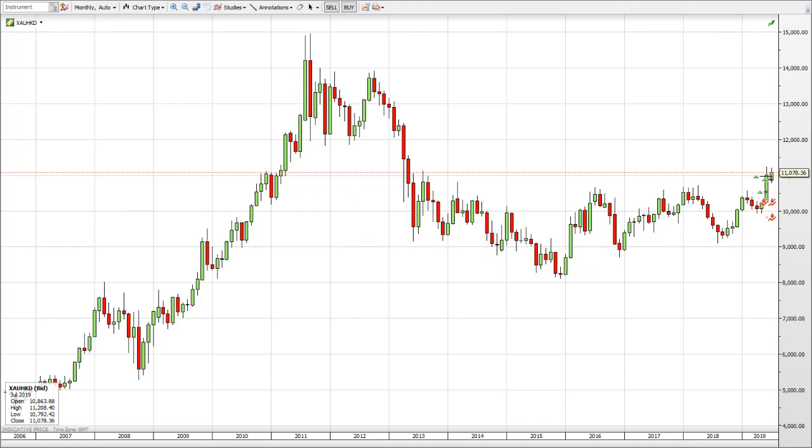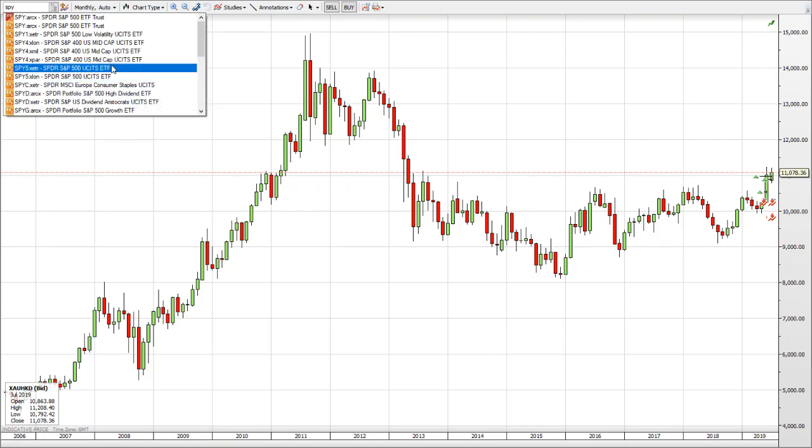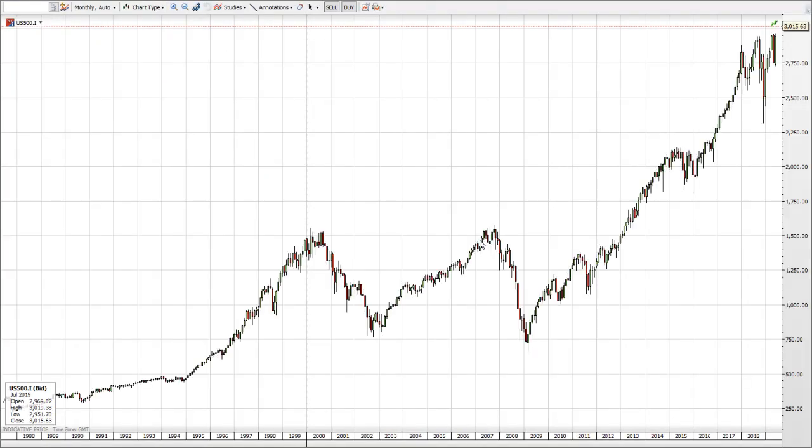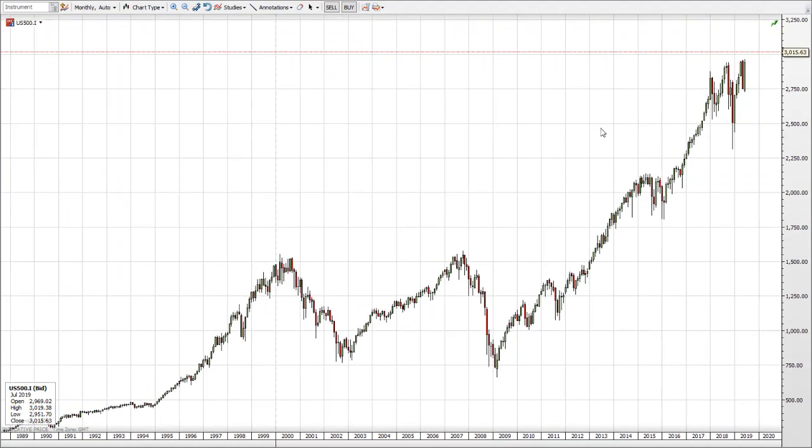That's potentially due to the fact that there is discussion about rate cuts, the Fed and whatnot, and that's kind of shown in the fact that we're also seeing the S&P 500 go to all-time highs, which does seem to be some sort of result of the potential weakening in monetary policy.